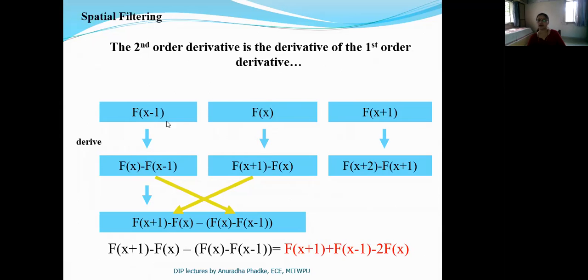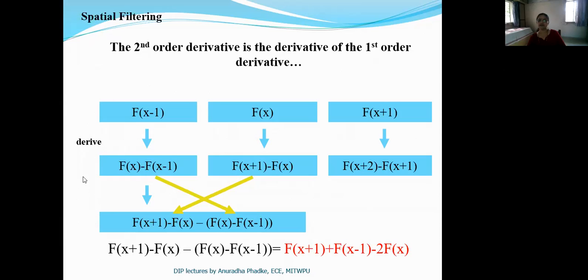So these are three consecutive pixel values. These two terms give us the first derivative. So the first derivative of f of x is f of x plus 1 minus f of x, and the first derivative of f of x minus 1 is f of x minus f of x minus 1, a simple difference operation. And the second derivative is a difference of difference, or a derivative of derivative.